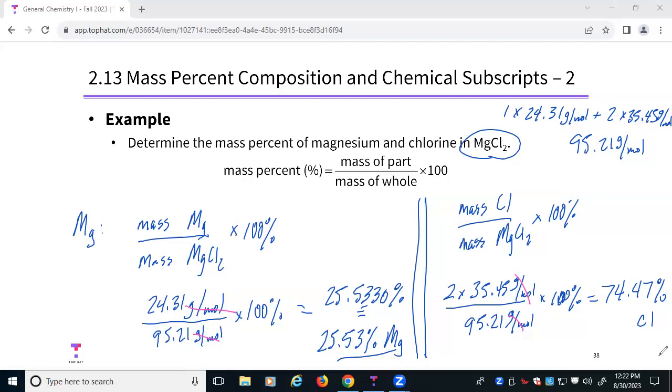So that's especially useful if I have information about multiple atoms being present. I can always do this kind of subtraction calculation for the last component. So if I have a compound that has 4 different elements in it, and I know the mass percents for the first 3, I can figure out the 4th one by subtracting those other 3 from 100 and seeing what's left over.